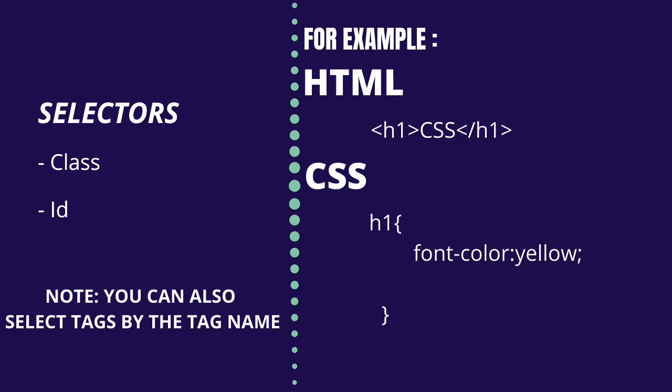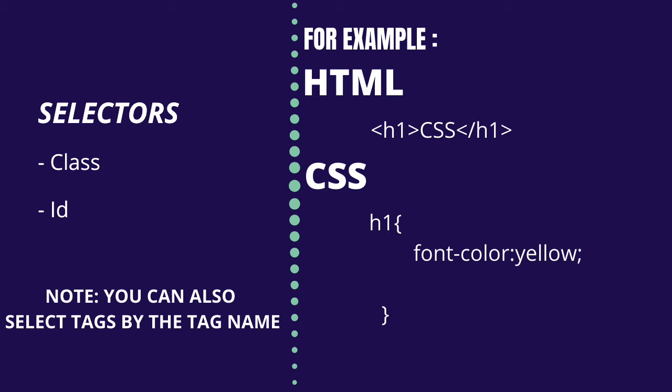Let's take an example. We have our HTML file with an h1 tag with the text CSS. And in our CSS file, we selected the tag by its name using h1, which in this case is the selector. So we selected it by the tag name, then an opening and a closing squiggly bracket.